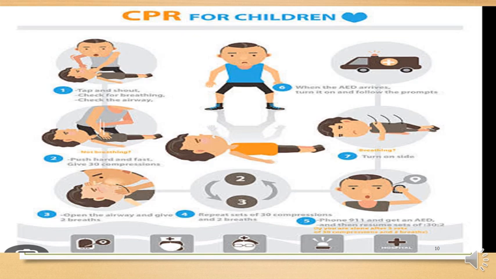Number 5, phone 911 and get an AED, and then resume sets of 30 compressions to 2 breaths. That is how you keep going. When the AED arrives, turn it on and follow the prompt.